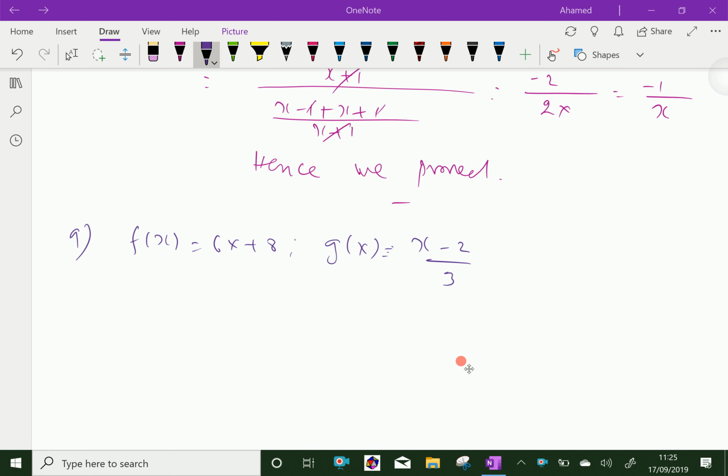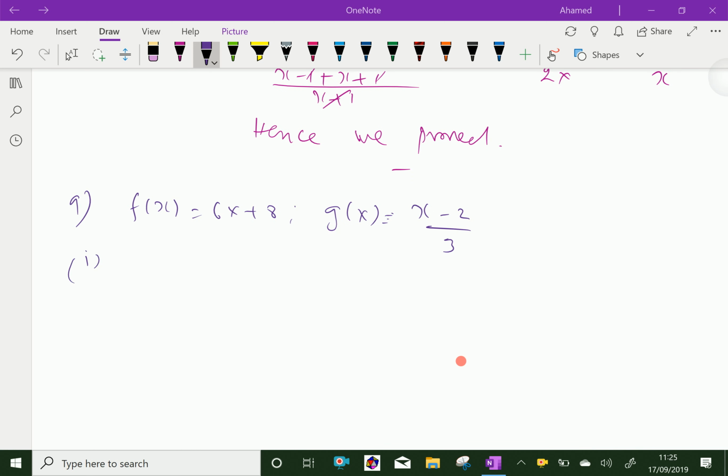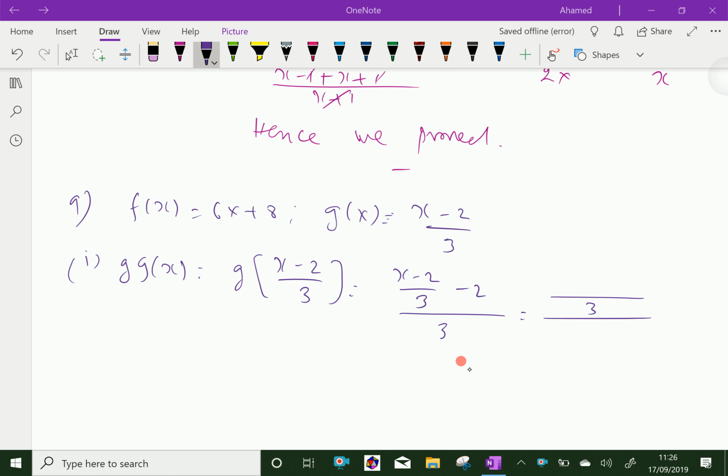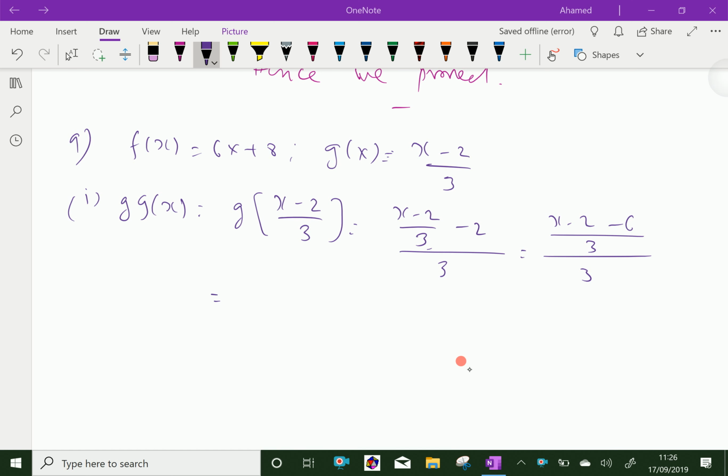Now first part of the question, g of g of x. g of x is x minus 2 over 3. Further apply g in g of x, that is, x minus 2 over 3 minus 2 over 3, which is equal to, 3 is the LCM, x minus 2, and 3 into 2 is minus 6 over 3, which is equal to x minus 8 over 3 into 3 is 9.